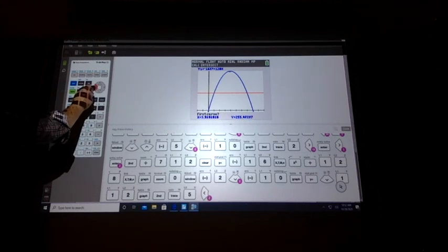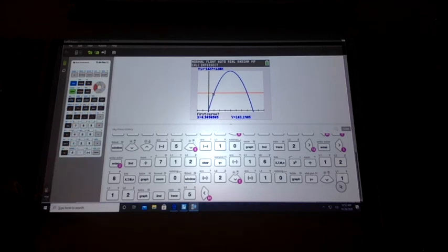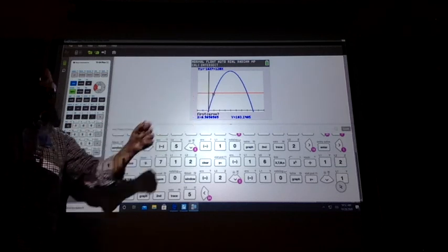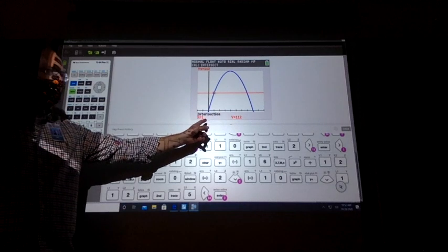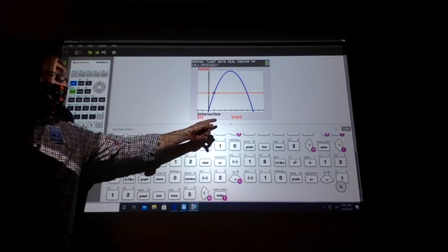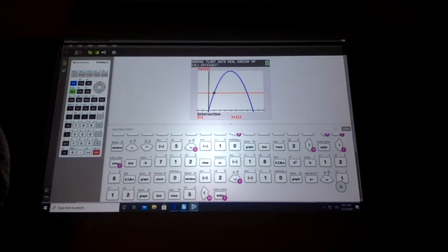With this intersect, what you want to do is take your cursor, and it's only going to give you one intersect at a time. So I'm going to say I want that intersect. I'm pretty close to this value right here. So I'm going to hit enter. First curve, second curve, I'm going to hit enter as well. Guess, I don't want to guess. Enter. So at 1 second after this thing launched, it was 112 feet off the ground.